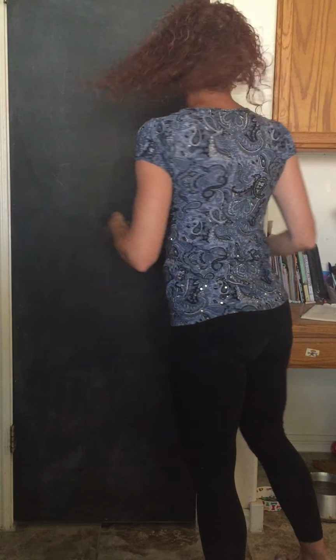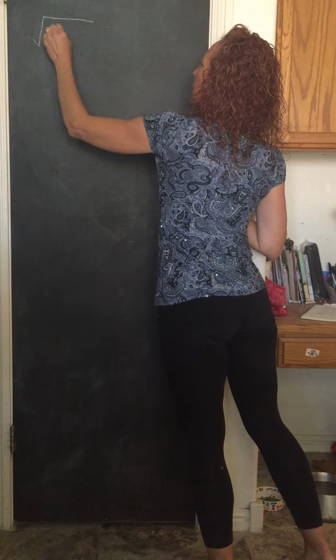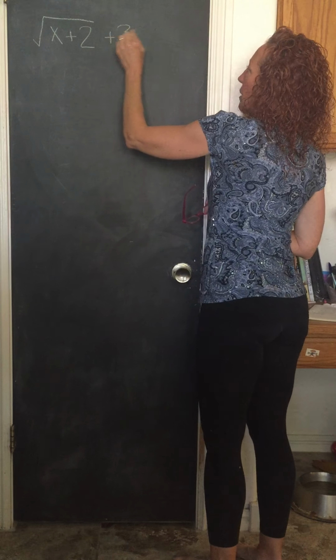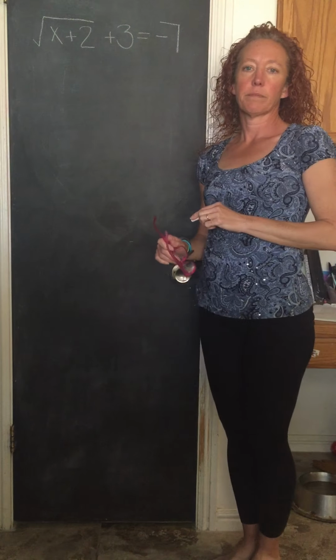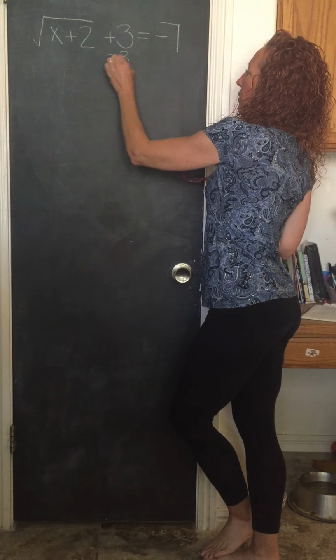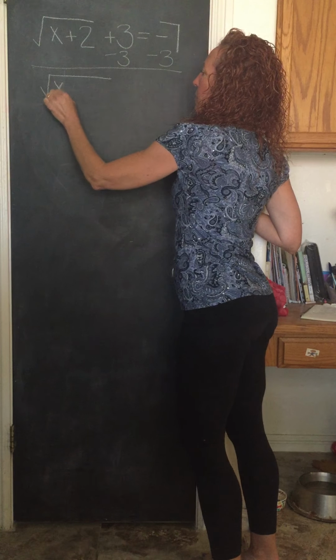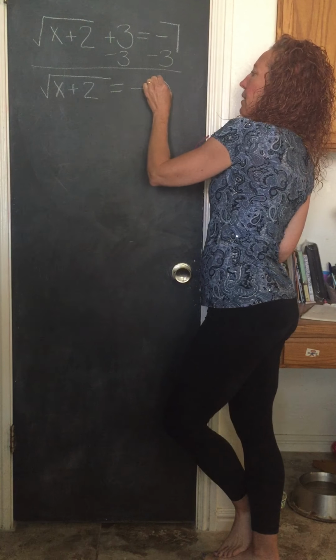Let's look at one that doesn't. Let's have the square root of x plus 2, plus 3, equaling minus 7. Again, we're going to get the square root by itself. So subtract 3, subtract 3. We have radical x plus 2 equaling negative 10.